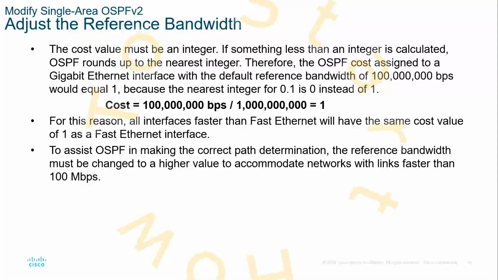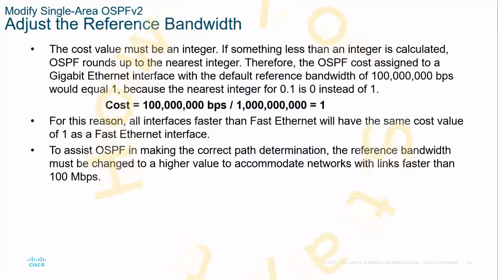And again, the cost value has to be an integer, so we should not be getting 1 for everything. 0.1 is 1. 0.001 is still 1. So that's one of the reasons for that cost adjustment.